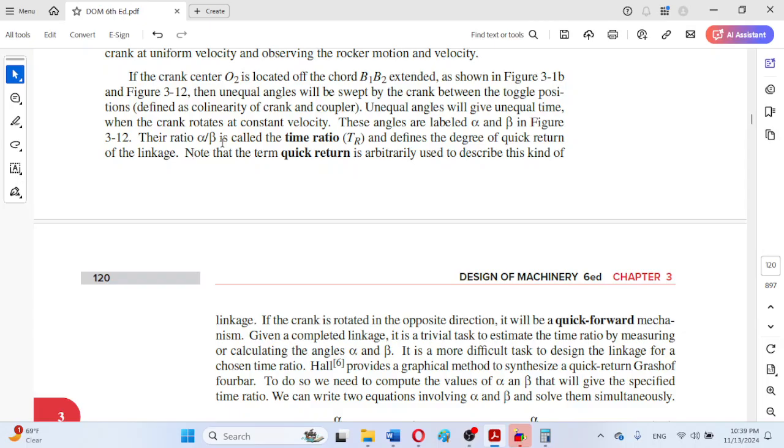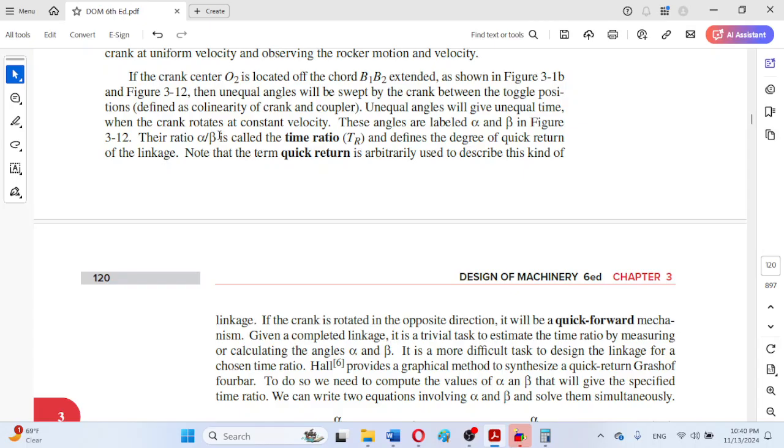So that means the degree of quick return: if beta is smaller, as much smaller, that will necessarily be greater than alpha, then the degree of quick return will be increased, and if beta will be increased, then the time ratio will be decreased.